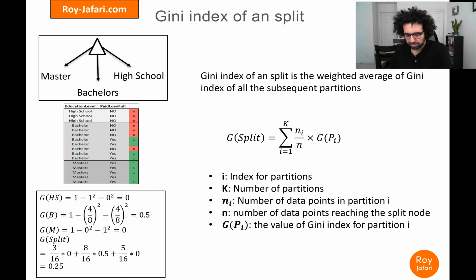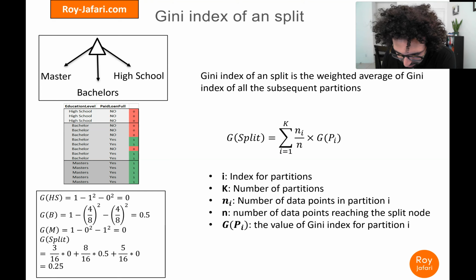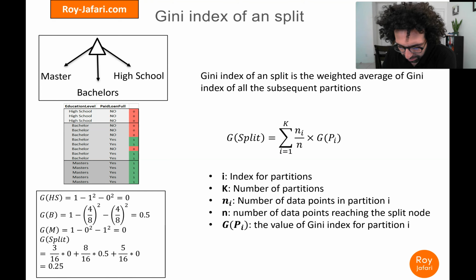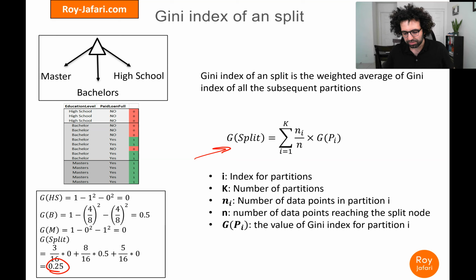This is the formula we used here. It's the weighted average of the Gini indexes for all of the subsets that this test, or splitting of the data, leads us to, and that's how we use it. And this is the formula I discussed already, but it's very simple.